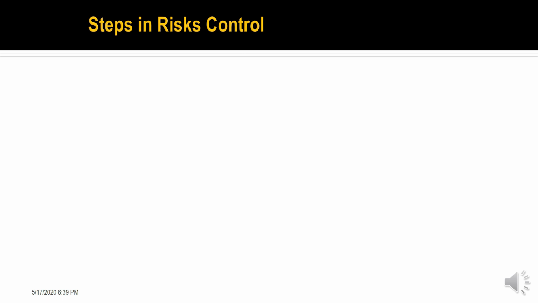Now we are coming to steps in risk control. What are the steps? First, we have to understand why we do this. I told you a HEMP could be done for various reasons. We have to deliver the requirements specified in our reasons. So before doing anything, we have to understand why we do this.